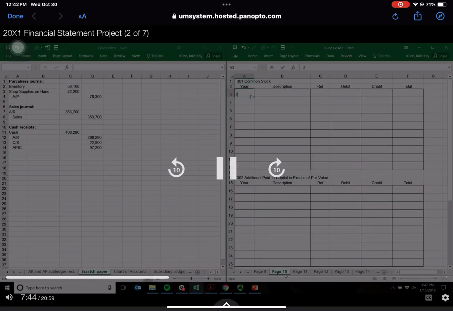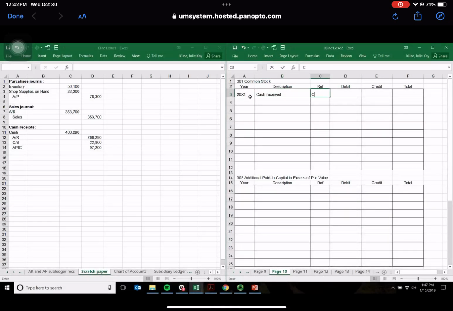your common stock, 2001, cash received, CR1, cash receipts. It's a credit entry. Make sure you get on the right side, and of course run the total negative. Additional paid in capital, same thing.